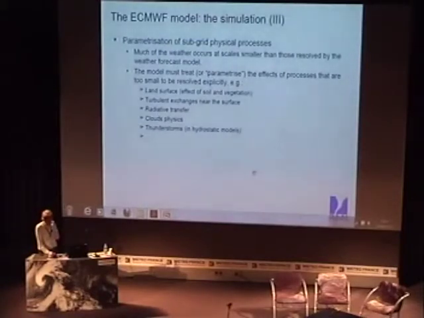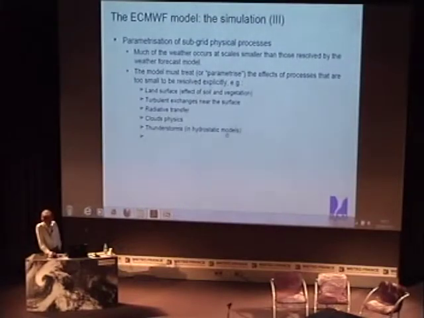But you have to take account of that using what is called parameterization techniques. These parameterization techniques are also equations, sometimes very sophisticated, but they are often based on empirical knowledge as well. It's not only on theory. Some of the processes that need to be parameterized: land surface, turbulent exchanges near the surface, radiative transfers, cloud physics, thunderstorms.